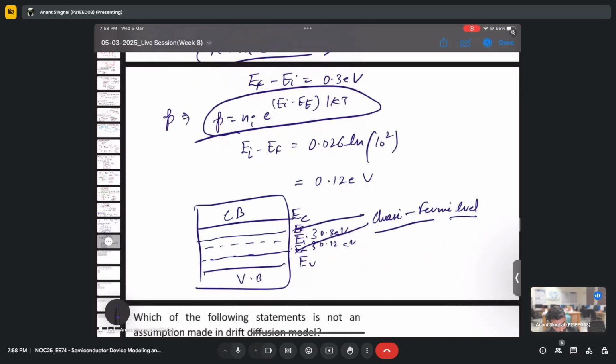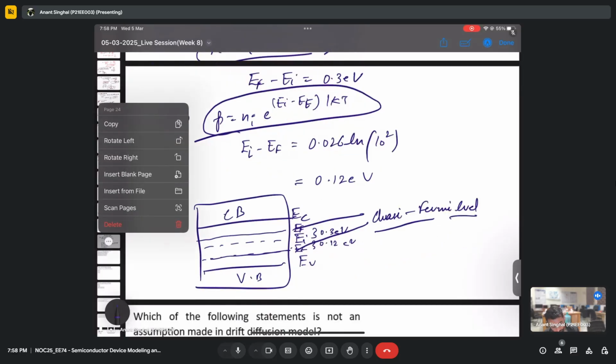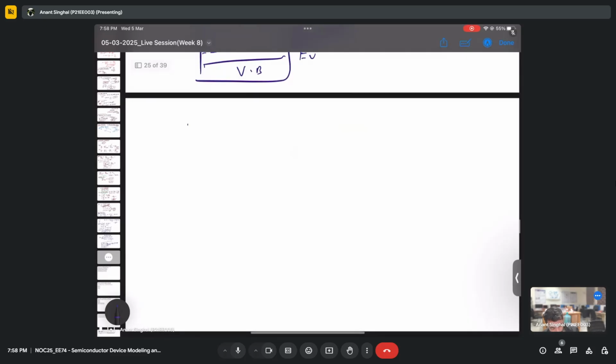So in general, for n type we write EFN, and for p type we write EFP. So these equations are generally replaced by this, and p is given by ni exponential of EI minus EFP over KT. So these are the quasi Fermi levels. Make sense?